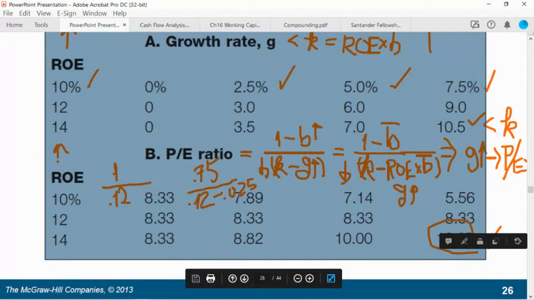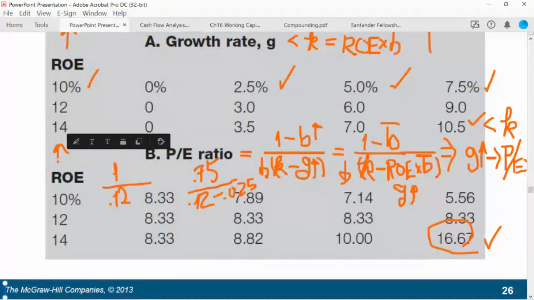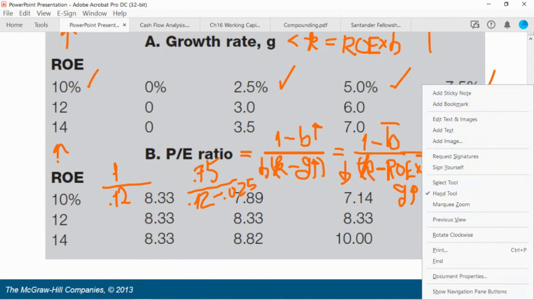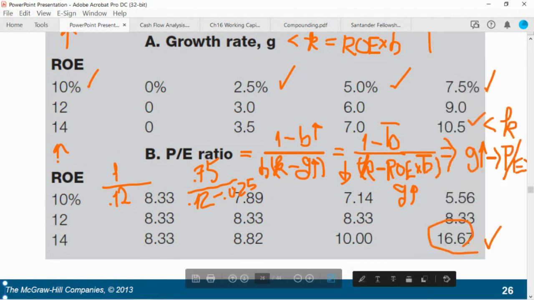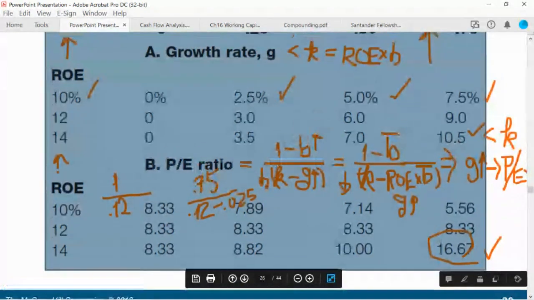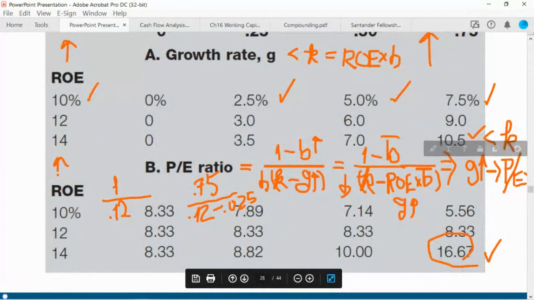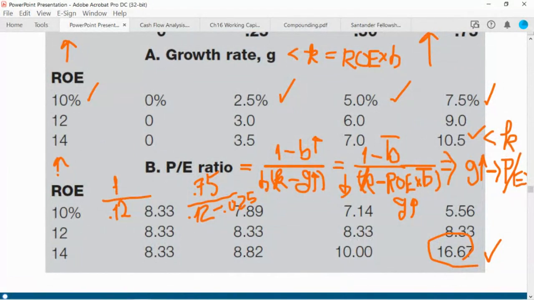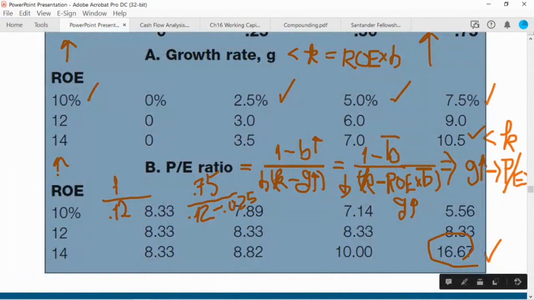So this is one way they justify that the high P/E ratio is the result of a high growth rate. ROE is 14% and 75% plowback ratio, the growth rate is the highest, and with the highest growth rate, the highest P/E ratio.